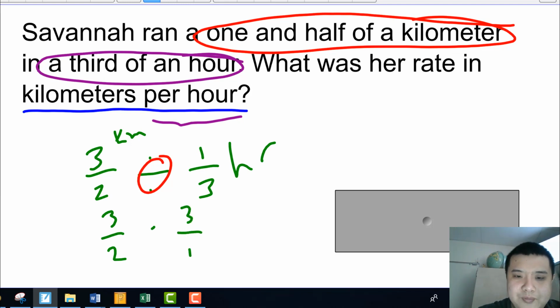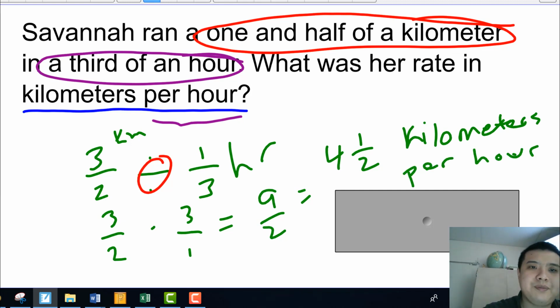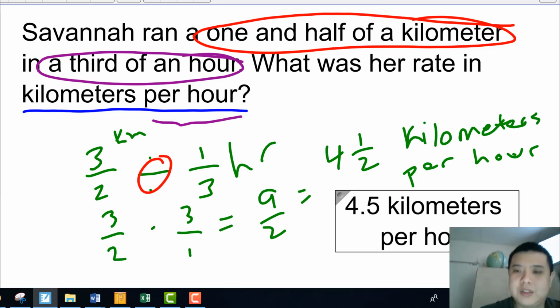This gets us 9 over 2, which is the same thing as 4.5 kilometers per hour. Which is correct, 4.5 kilometers per hour. And you can do this all on your calculator if you'd like.